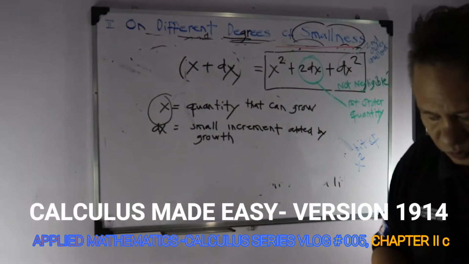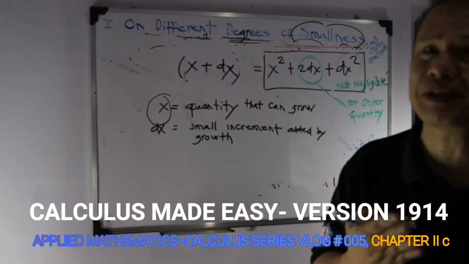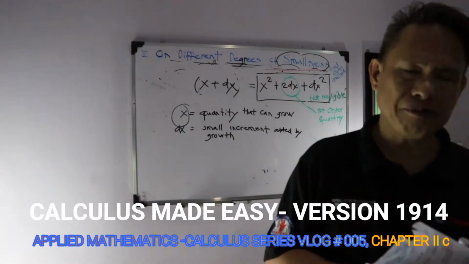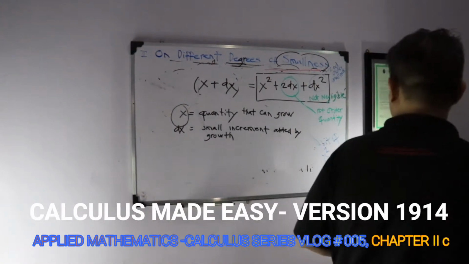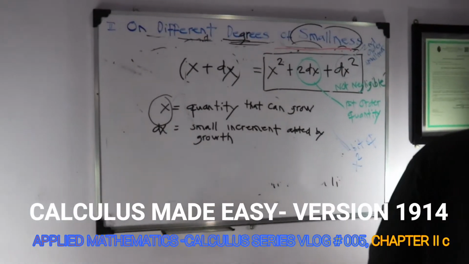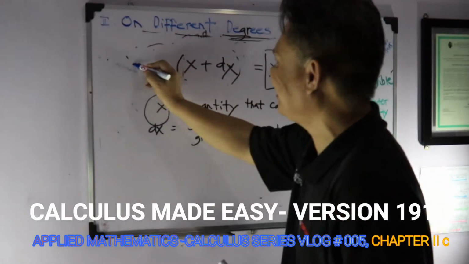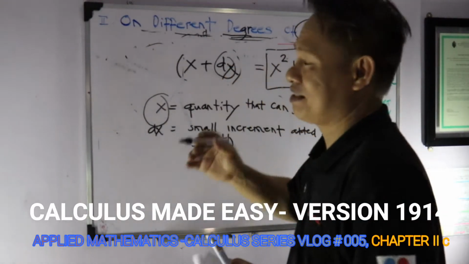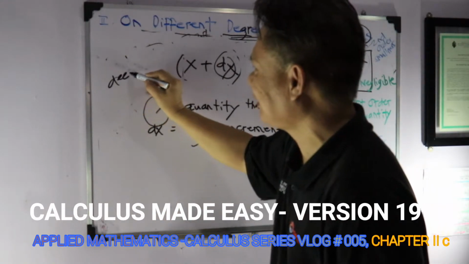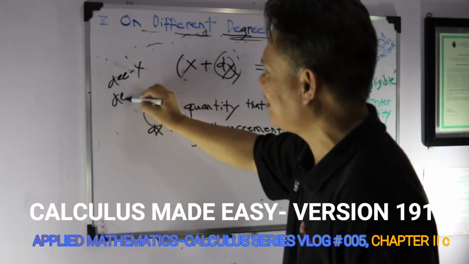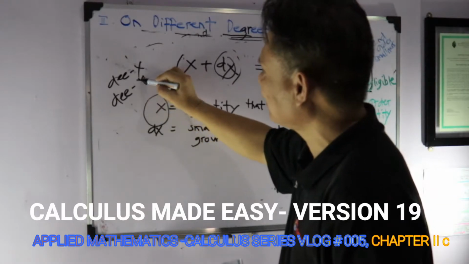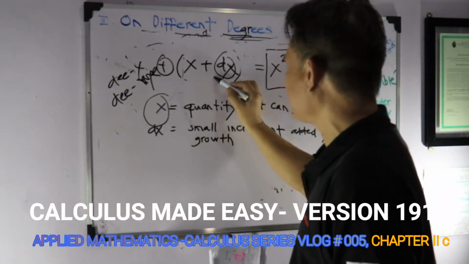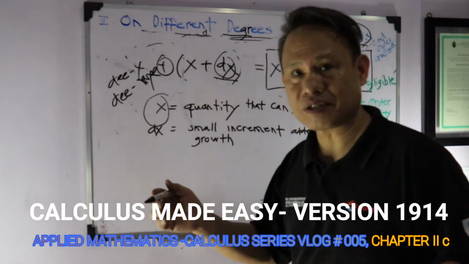Now, if we would put something in numerically, say for dx, or we say dy, just a kind of expression.